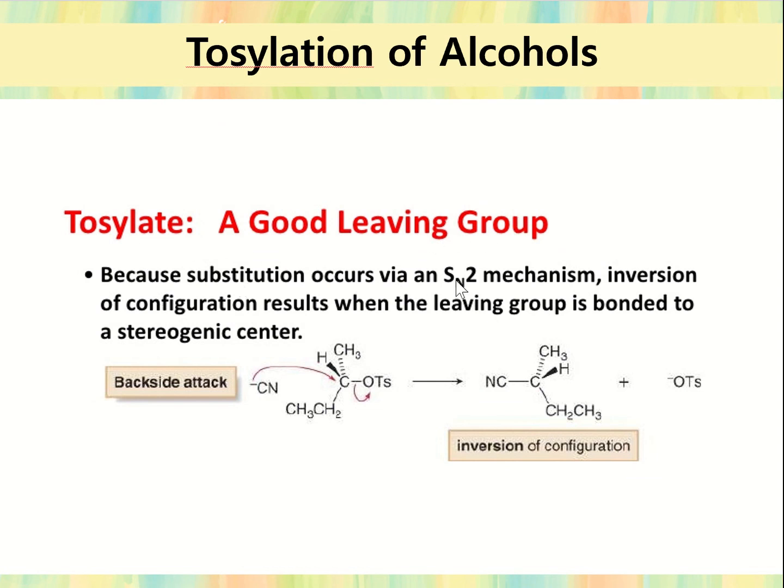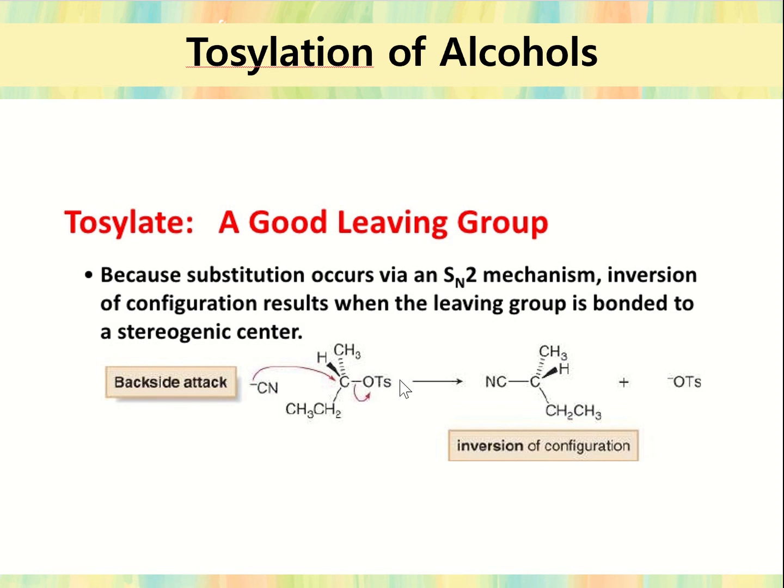So because substitution occurs via an SN2 mechanism, inversion of configuration results when the leaving group is bonded to a stereogenic center. So let's look at this example here. Let's say for example, we started off with an alcohol and we made this tosylate, then the cyanide group can attack from the back side and therefore cause the carbon-oxygen bond here to break, and therefore you have inversion of configuration, right?